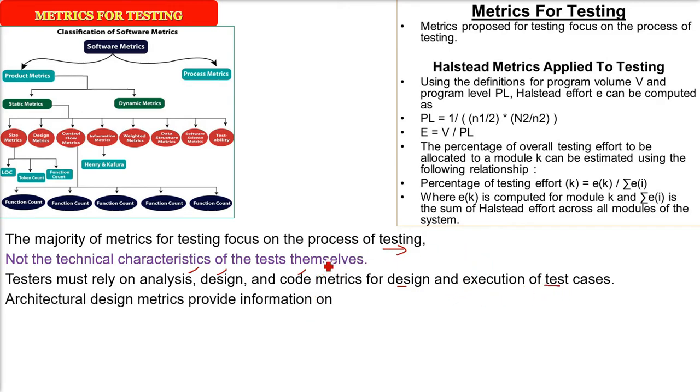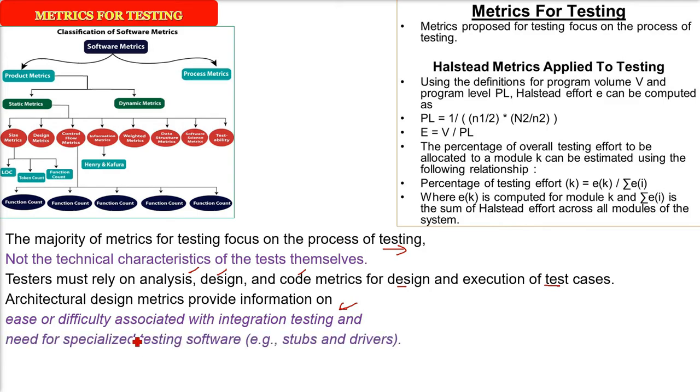The architectural design metrics provide certain information to us, like the architectural design we have already seen. What information do they give? They give us information like the ease or difficulty of integration testing. Do we need stubs and drivers, like the need for specialized testing software?